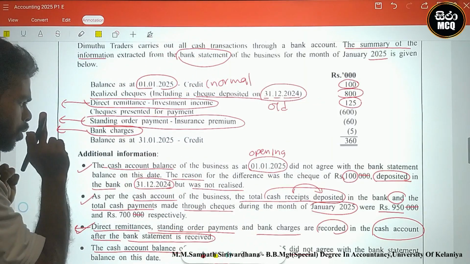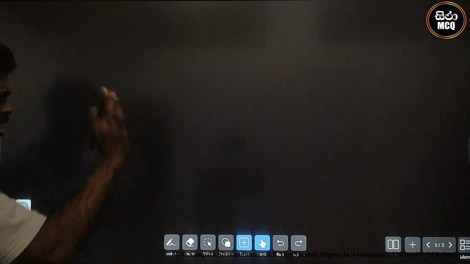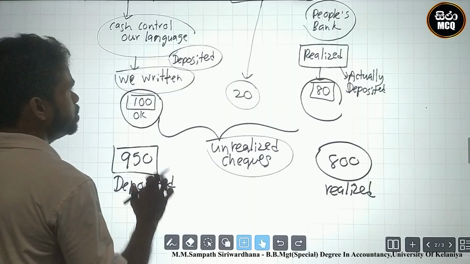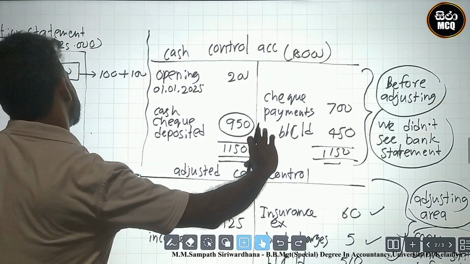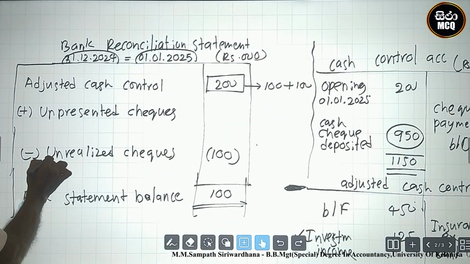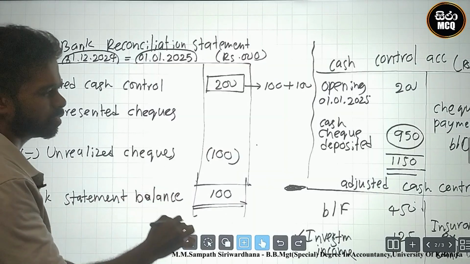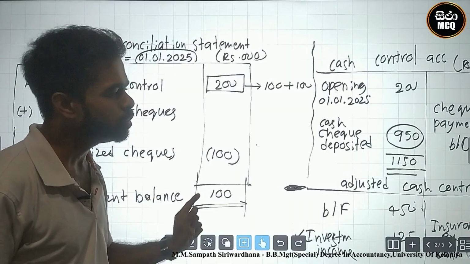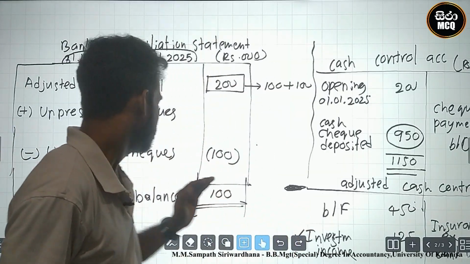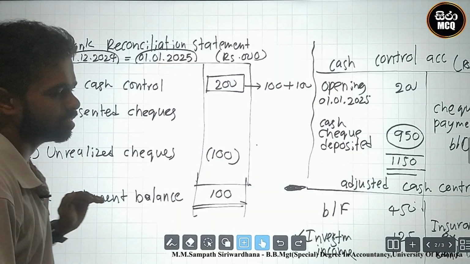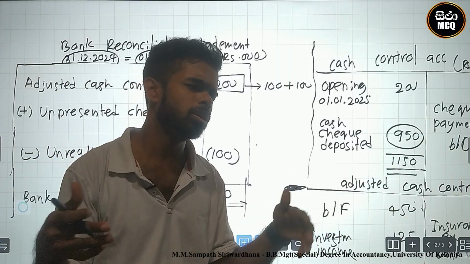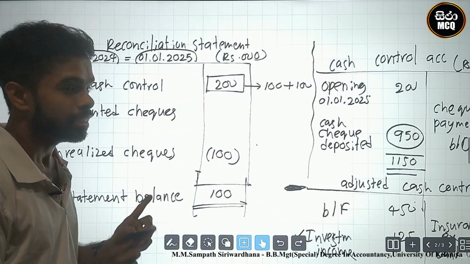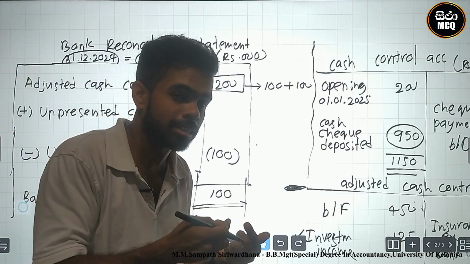What is the value of the old check? Past check. Look here, there is an unrealized check from the past, 100. It should have been deposited in the current month. The bank said there is no unrealized 100 from the past, because it was realized in the bank account.